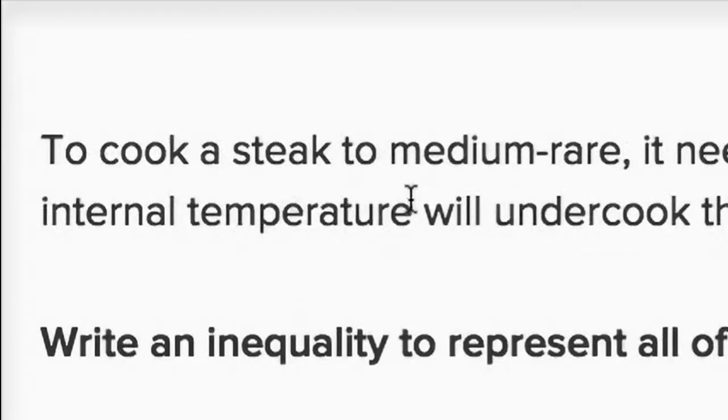To cook a steak to medium rare, it needs to have an internal temperature of 135 degrees Fahrenheit. A lower internal temperature will undercook the steak. Write an inequality to represent all of the possible temperatures T of an undercooked steak. To be an undercooked steak, your temperature is going to be less than 135 degrees.